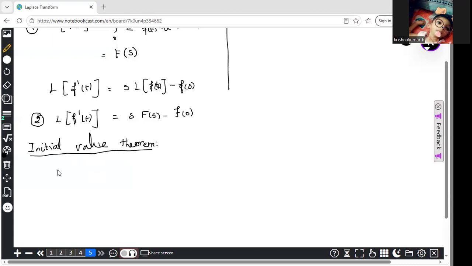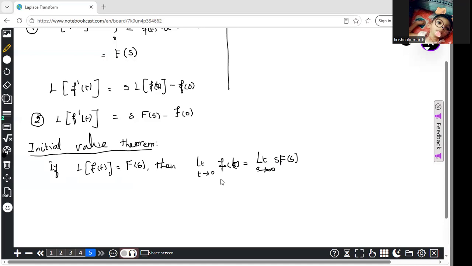If the Laplace transform of f of t is equal to the function F of s, then this statement is always true: limit t tends to 0 of f of t is equal to limit s tends to infinity of s into F of s, where capital F of s is nothing but the Laplace transform of f of t.